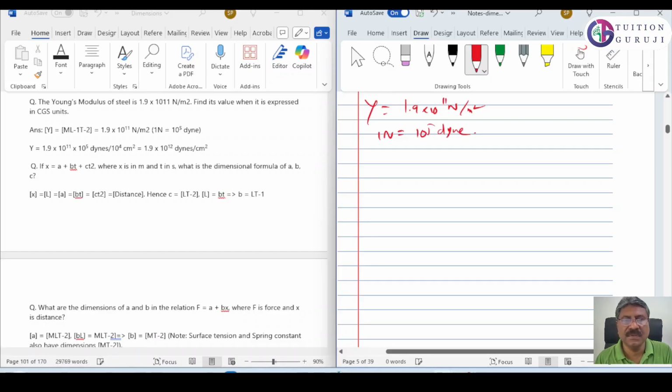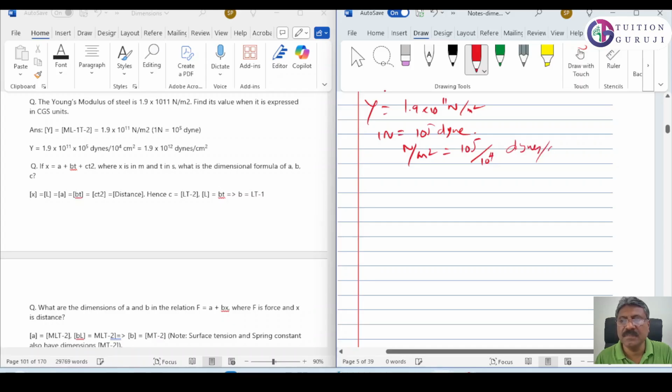So Newton per meter square is equal to dyne per centimeter square. 10 raised to 5 divided by meter changed into centimeter means it is to be multiplied by 10 raised to 4.